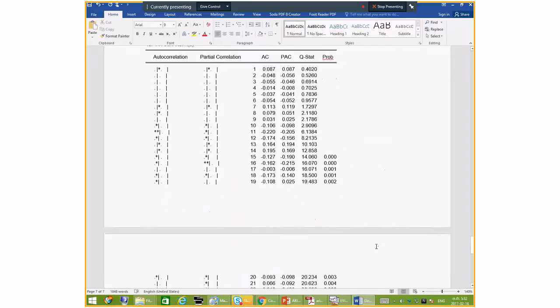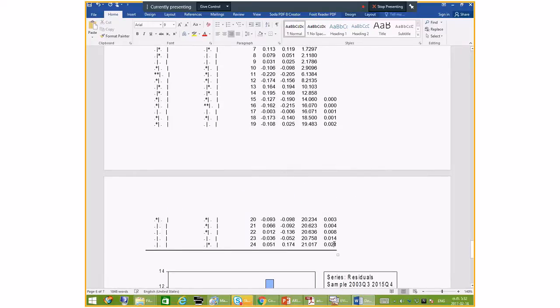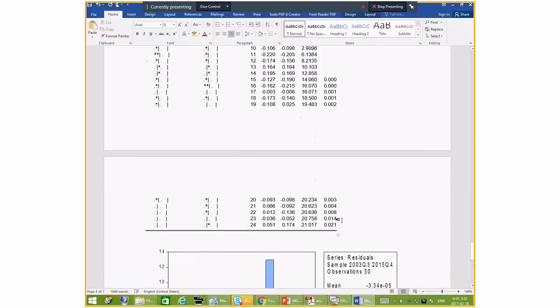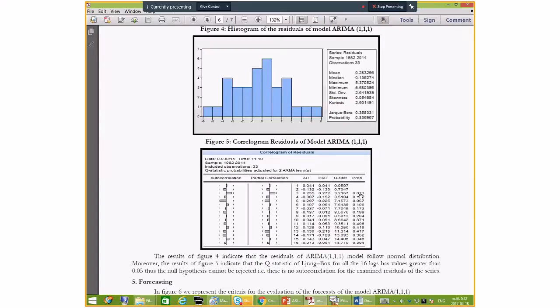Also, this probability value is less than 5%. It has serial correlation as well. But in this model, you can see that these are more than 0.05, then no autocorrelation. The probability value is also greater than 5%, no autocorrelation.